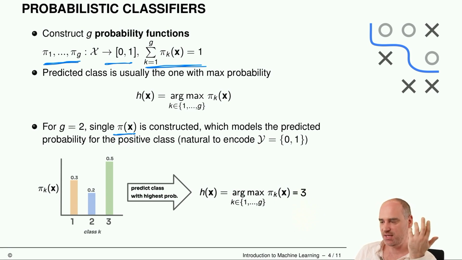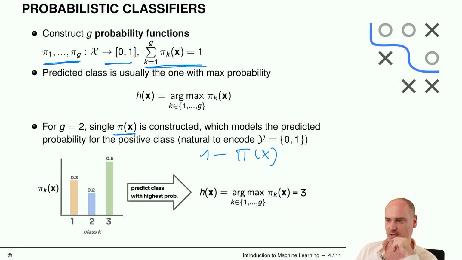In that case, it's natural to encode our classes with 0 and 1. And of course, there's also the predicted probability of the negative class, which is simply the counter probability, so just 1 minus pi of x.